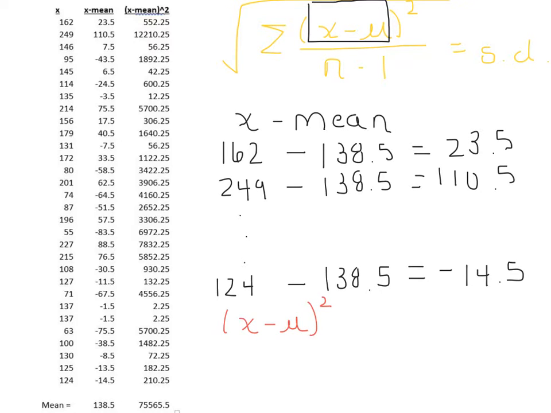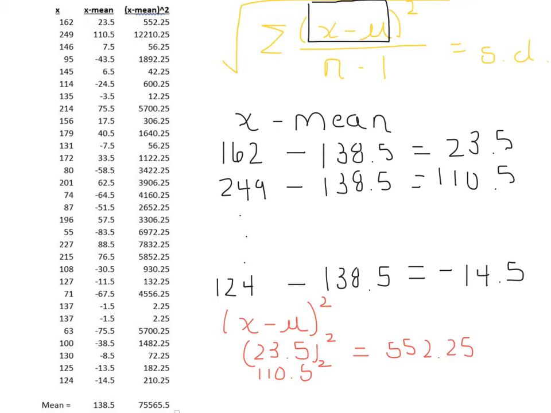So for each value of x minus the mean, the first being 23.5, I had to square that to determine that difference squared, and I got 552.25. I did that then for the next difference between x and the mean of 110.5.